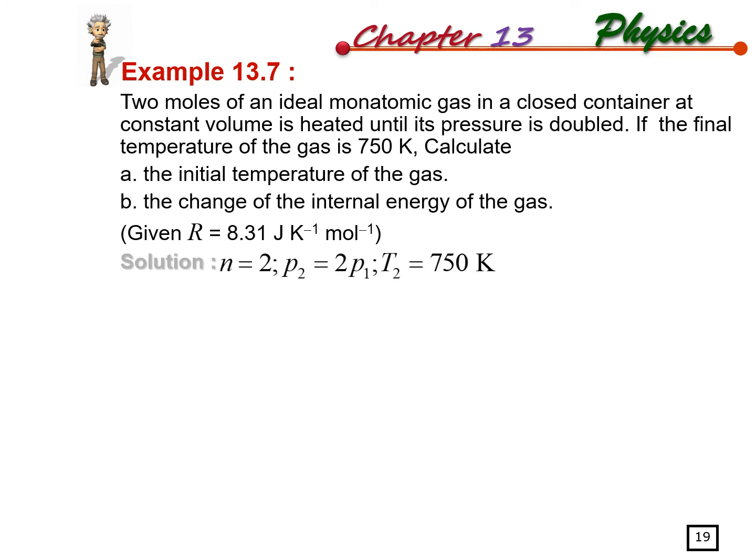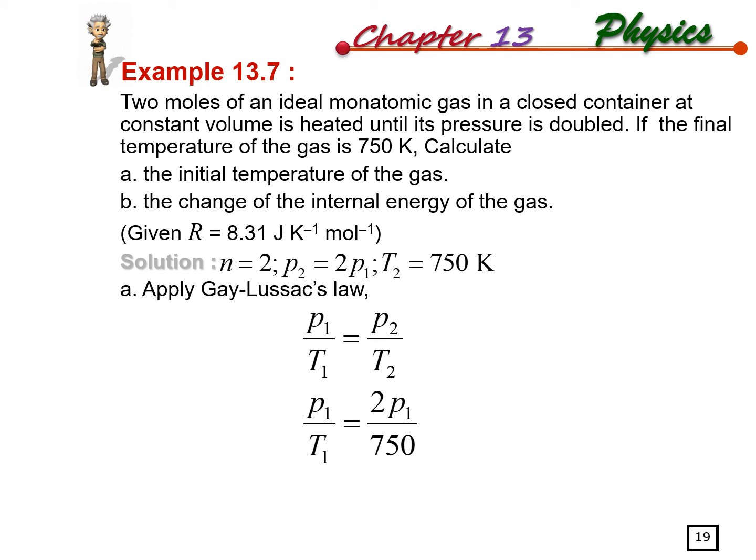So for the solution, we have the number of moles, 2 moles, and the pressure becomes double, and the final temperature is 750 Kelvin. We can apply Gay-Lussac's law to determine the initial temperature: the initial pressure over the initial temperature is equivalent to the final pressure over the final temperature.